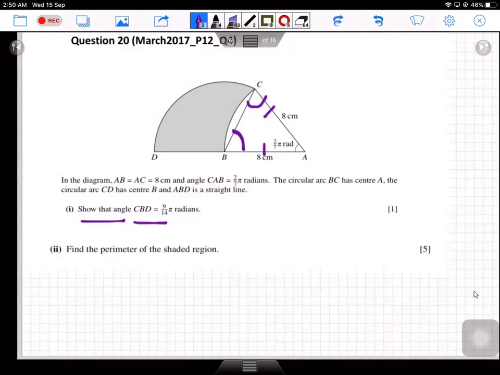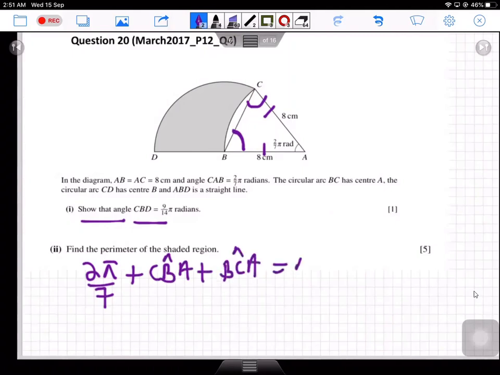Since the sum of all angles is 180 degrees, but we are talking about radian mode, the sum of all the angles is supposed to be pi. So 2 pi over 7 plus angle CBA plus angle BCA is equal to pi.